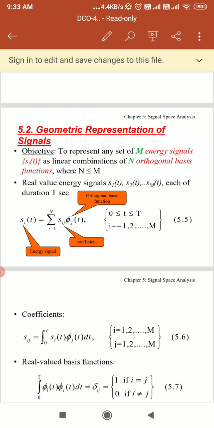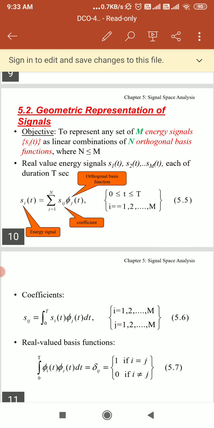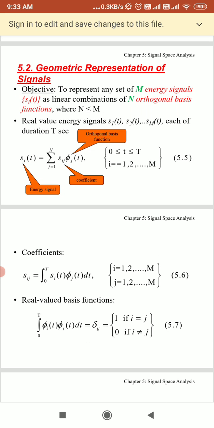So Si of t, the coefficient Sij is equal to the integration from 0 to T of Si of t phi j of t dt, where i value is 1 up to m and j value is 1, 2 up to n.